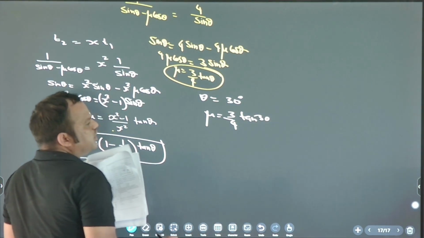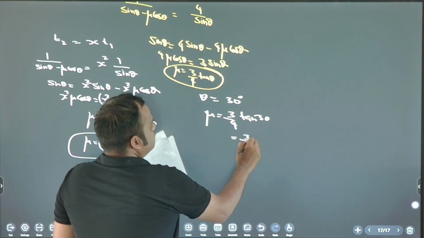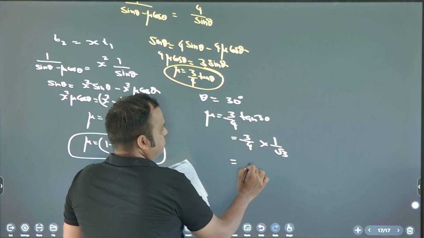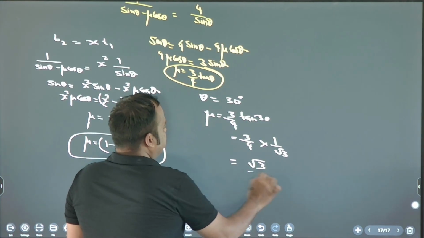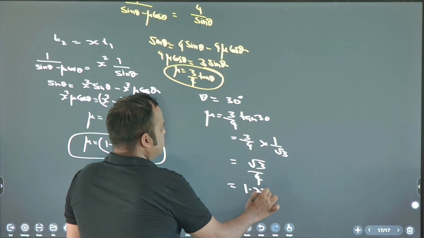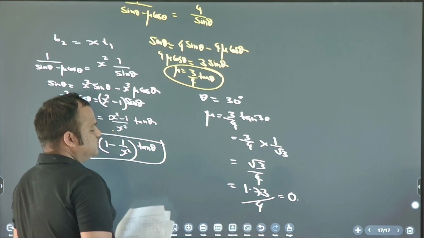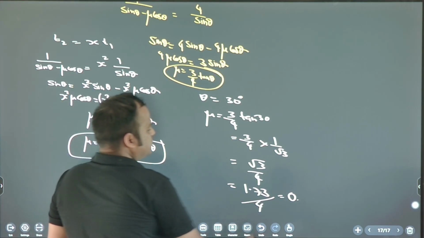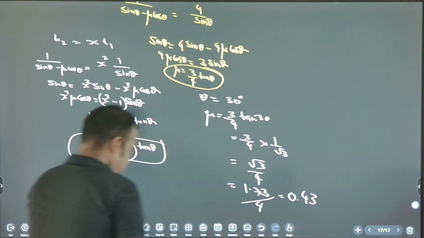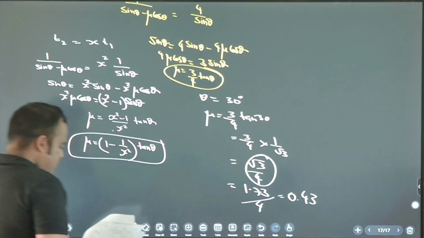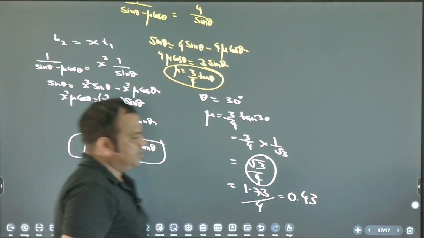Tan 30, what is the value? 1 by root 3. 3 by root 3, how much? Root 3 by 4. 1.73 by 4. Okay, root 3 by 4 is there, okay, done.